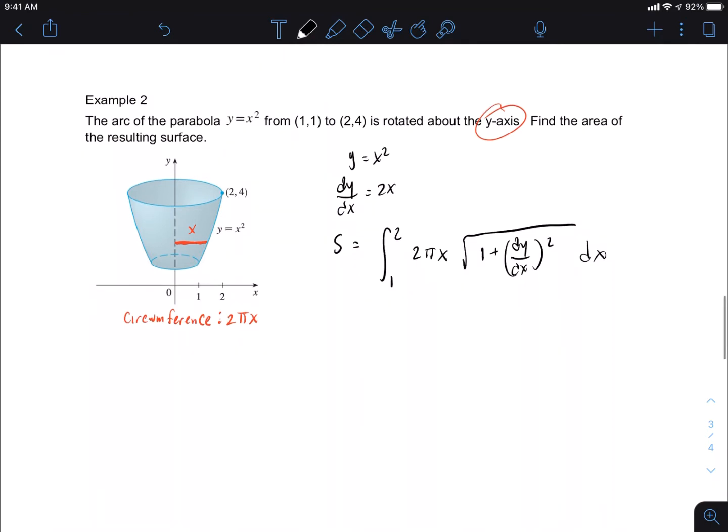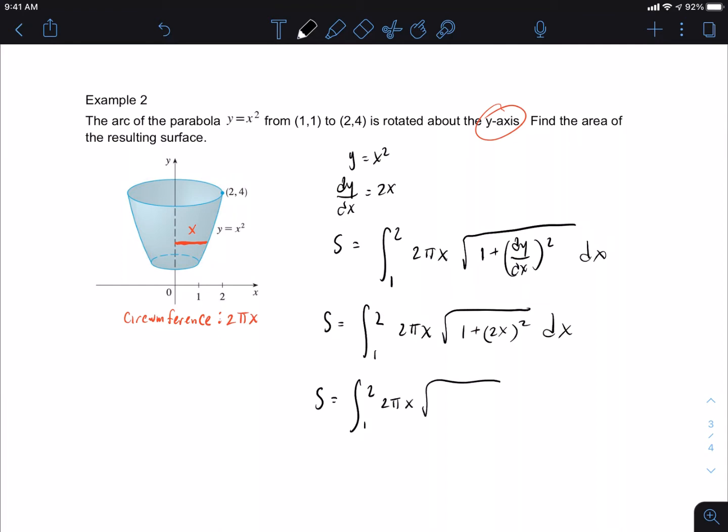So when I do this, I'm going to get the integral from 1 to 2 of 2 pi x root of 1 plus 2x squared dx. Then from here, s is equal to the integral from 1 to 2 of 2 pi x root of 1 plus 4x squared dx.